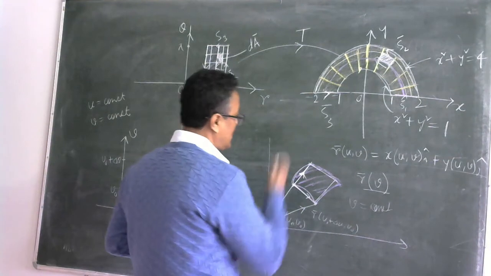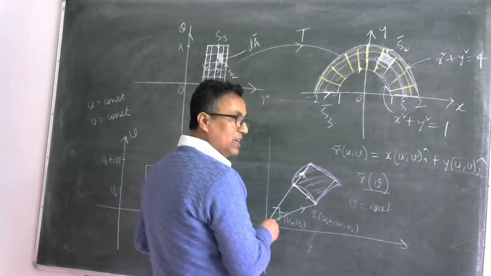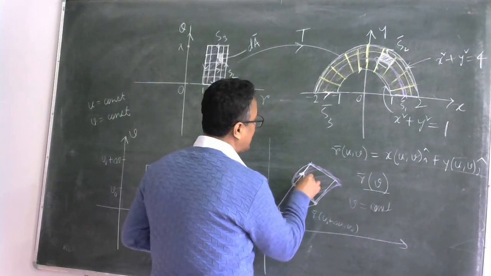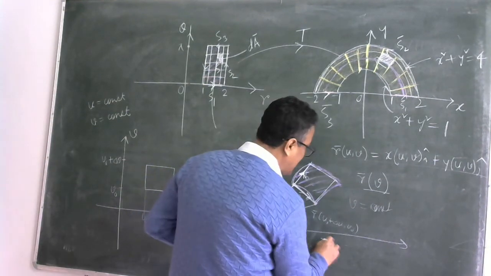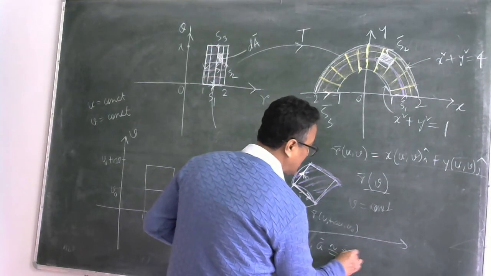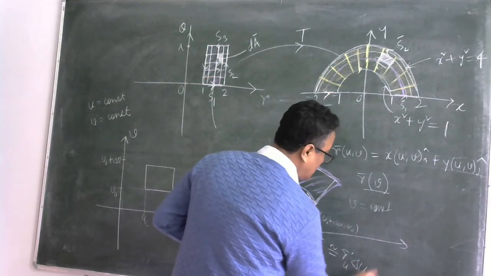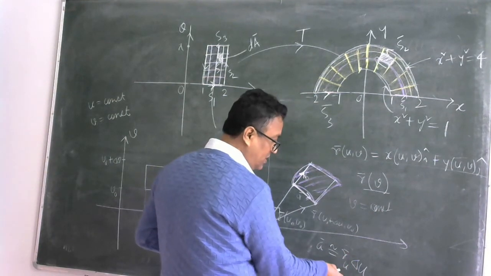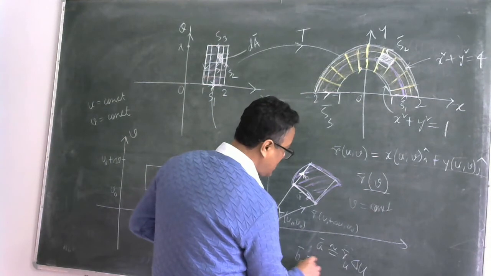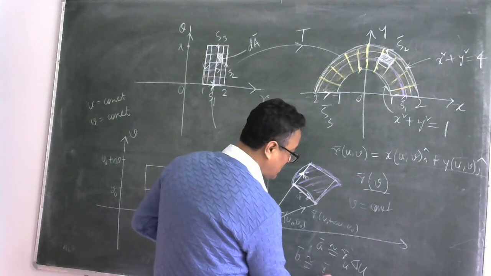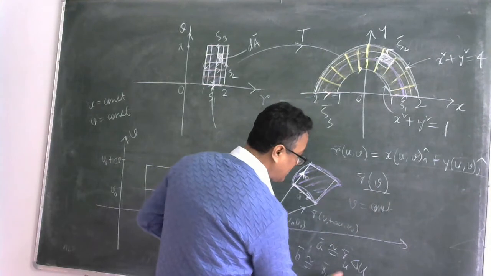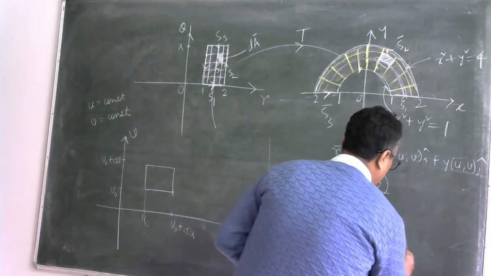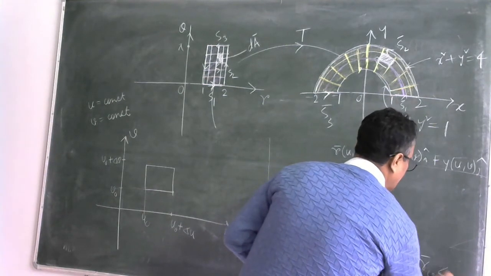So what is happening here? Eventually, if you recall, I approximated this vector, if I call it A and this one B, I approximated A to be equal to r_u delta u, where r_u is the partial derivative with respect to u, and similarly B equal to r_v delta v.